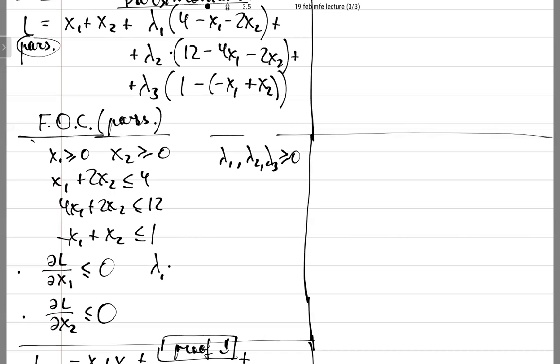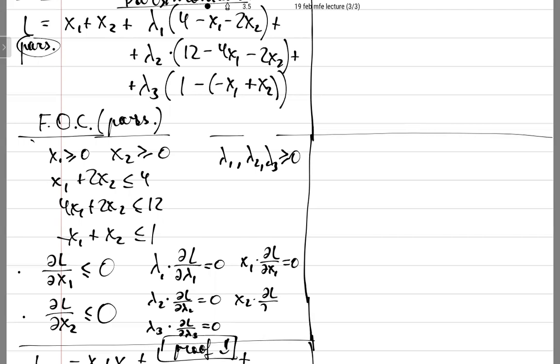Lambda 1 times dL over d lambda 1 is 0. Lambda 2 times dL d lambda 2 is 0. Lambda 3 times dL d lambda 3 is 0. x1 times dL dx1 is 0. x2 times dL dx2 is 0.